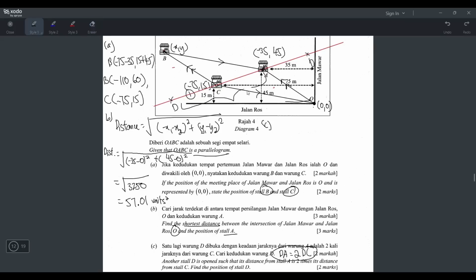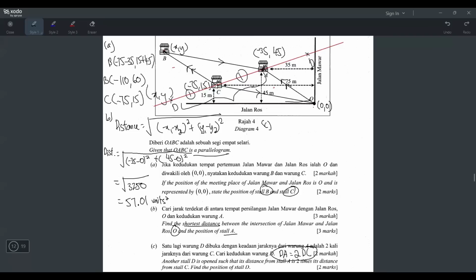So like this, this ratio is 1, right? So you can find your point D easily because C is the midpoint of DA. If the ratio is 1:1, you use the midpoint formula. But point D is not the midpoint. Point C is the midpoint. So you use the midpoint formula to find point D back, right?